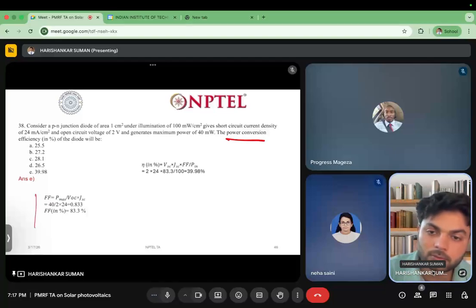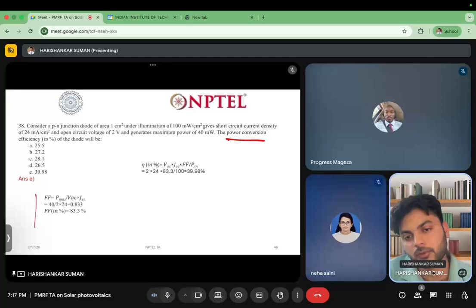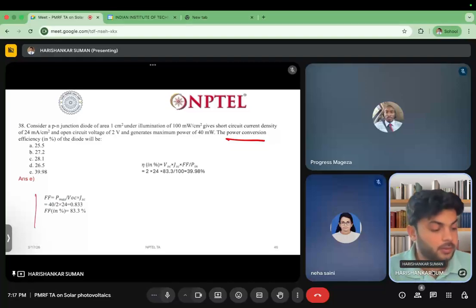Are you able to copy this equation or solve the next such type of question? Clear? Okay.